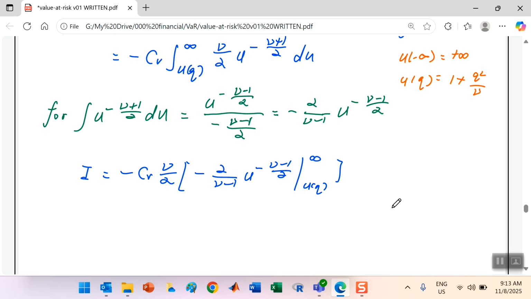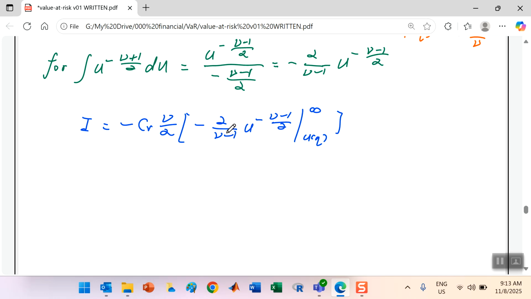If you substitute infinity for u, then this is 1 over u, so this becomes 0. Then you have 0 minus the value at u_q. The minus minus becomes positive. This will become minus CV, with 2 over (μ−1), the same value.